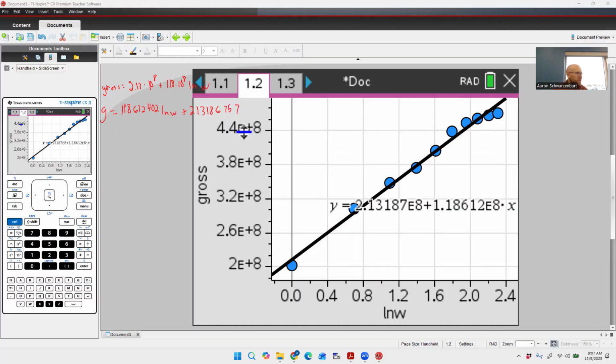And we want it to be a logarithmic curve, so we just have to leave the ln.